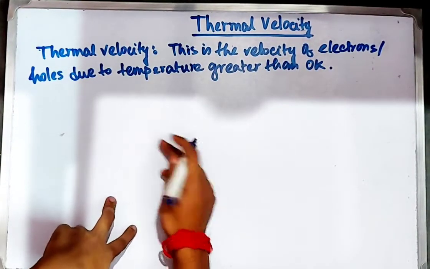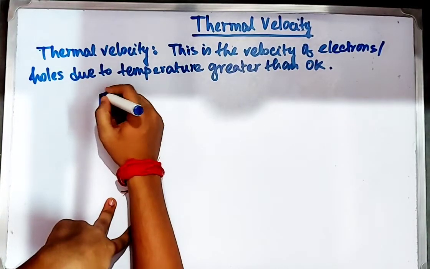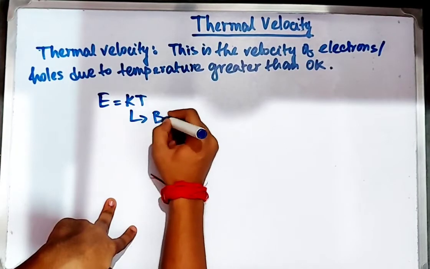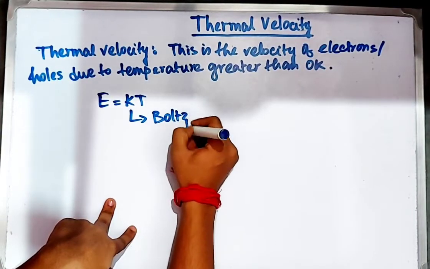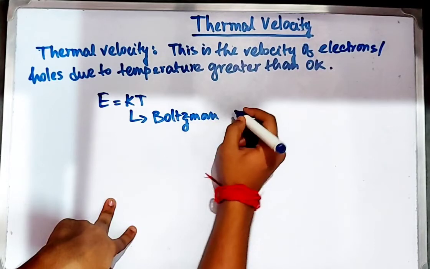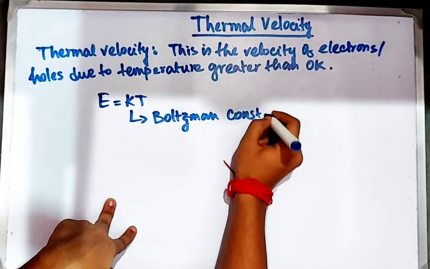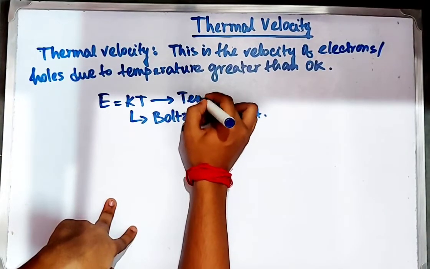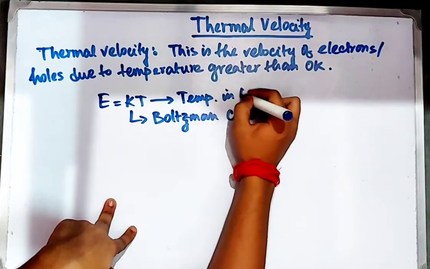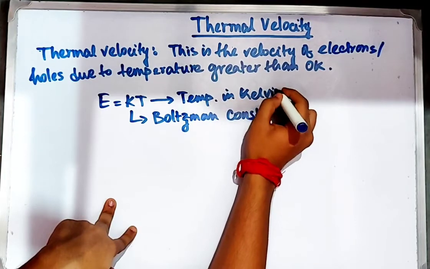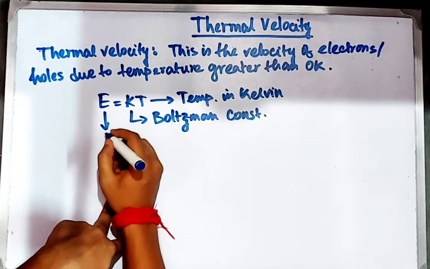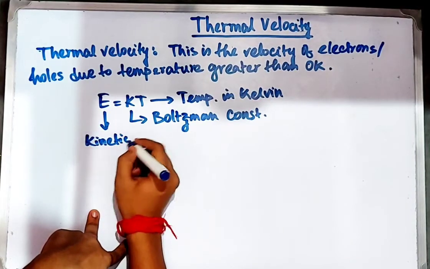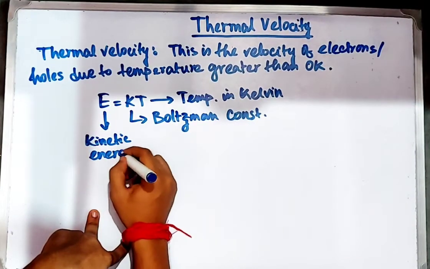We have studied in kinetic theory of gas that there was a formula E equal to kT, where k was the Boltzmann constant, T was the temperature in Kelvin, and E was the kinetic energy of the particles.